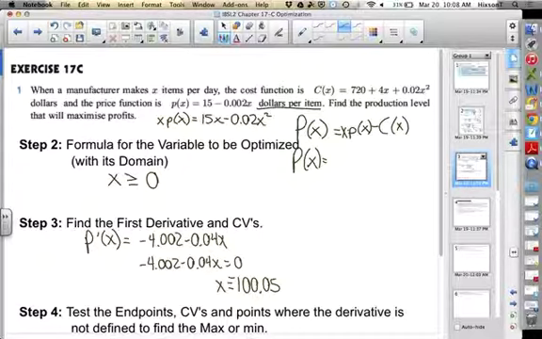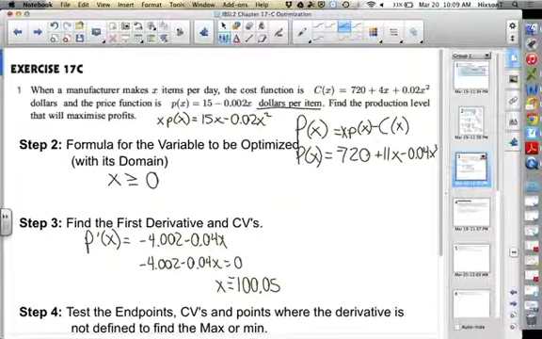So, okay, now when we subtract, p of x is going to equal negative 720 plus, 15x minus 4x is a plus 11x, and negative 0.02 minus another 0.02 is minus 0.04x squared.